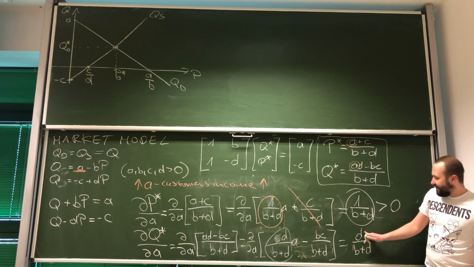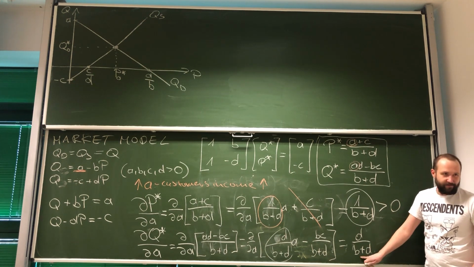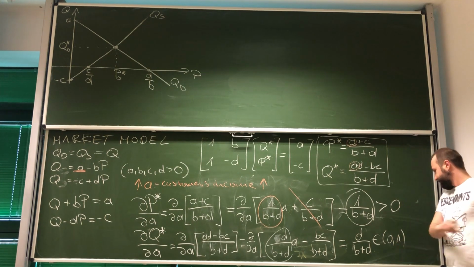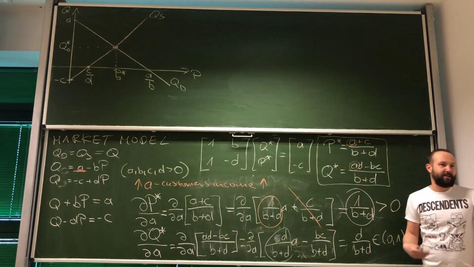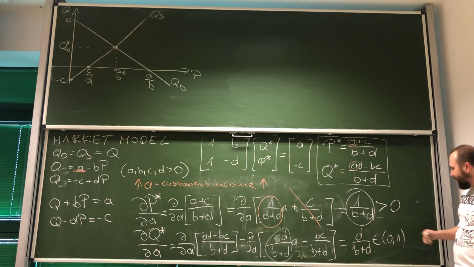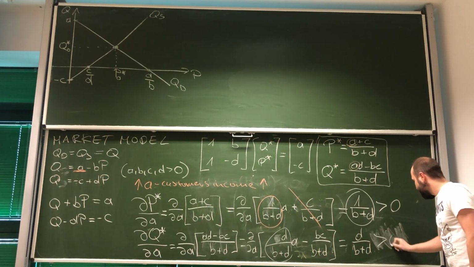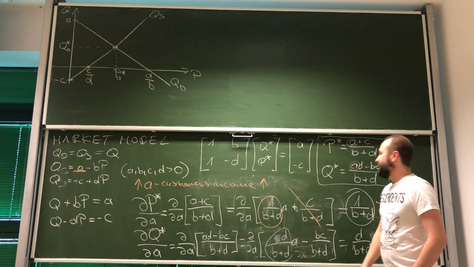So here we are dividing a smaller number by a bigger number. So this will definitely be somewhere between 0 and 1. However, it is not that important to us. For us, the important thing here is that it is clearly bigger than 0.